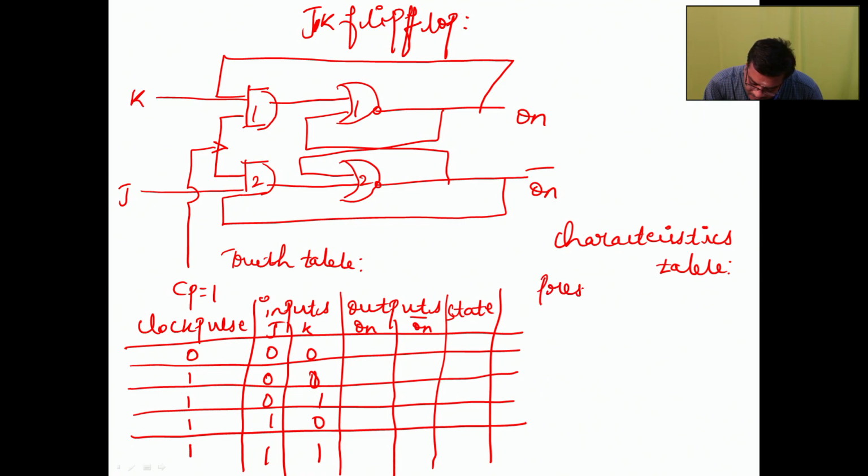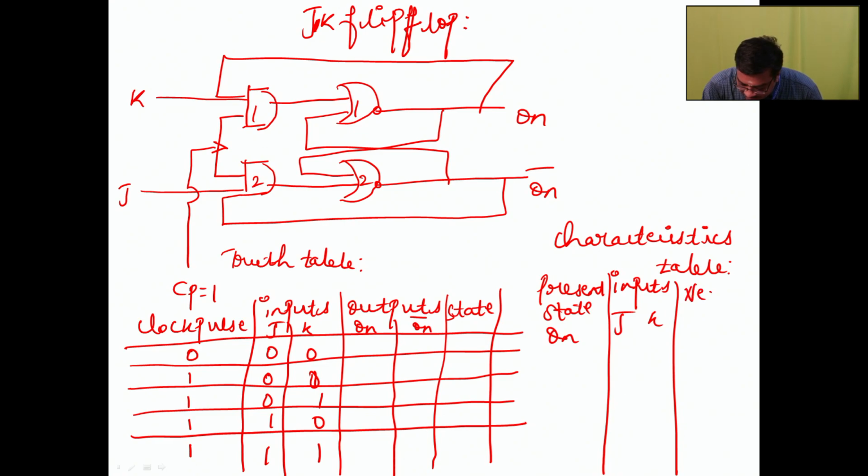Present state Qn, inputs J and K, and next state Qn plus 1.